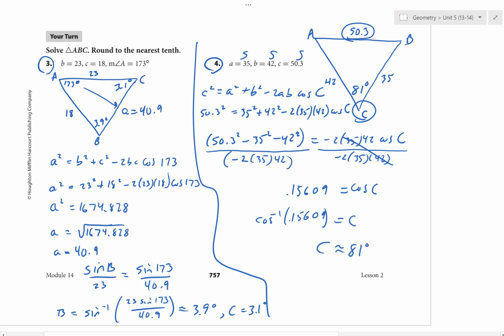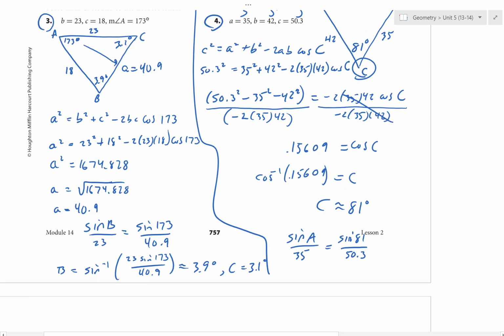Now we only have to use law of cosines once per problem. Once I've done the law of cosines once, now I can use law of sines to find the other missing parts. If I wanted to find angle A, I could say sine of A over the side across from it equals the sine of 81 over the side across from it.